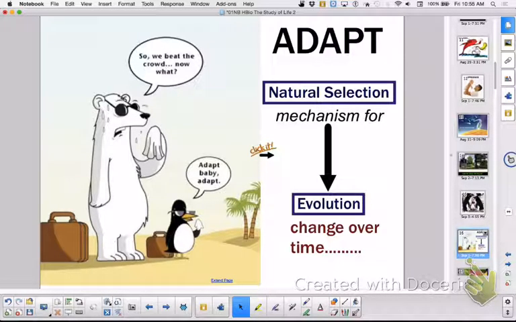Okay? So, adaptations are modifications that make organisms better able to function in a particular environment. Evolution is descent with modification over time.